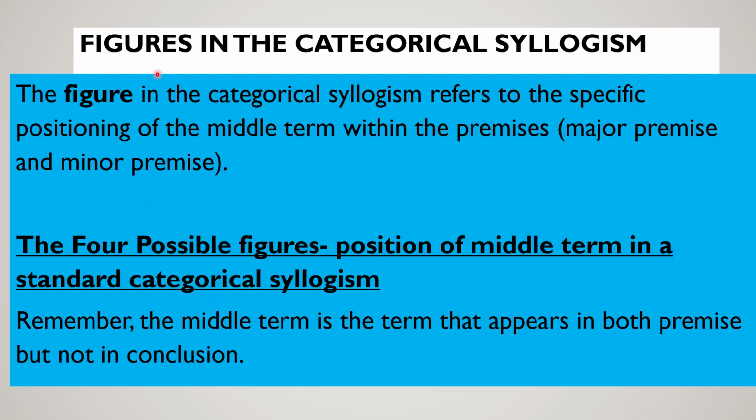There are only 4 figures, so you can just write first figure, second figure, third figure, or fourth figure. This is one of the easiest questions on syllogism, because the moment you identify where the middle term is, and then you write the mood, and then you write the figure, you get your 20 marks, and that will be done. So it's very simple, as we are going to see in the next example.